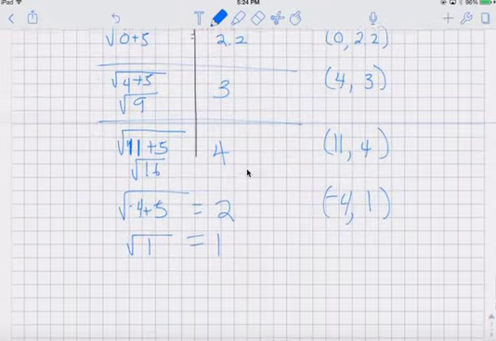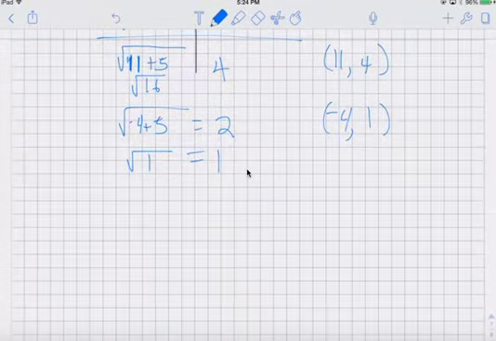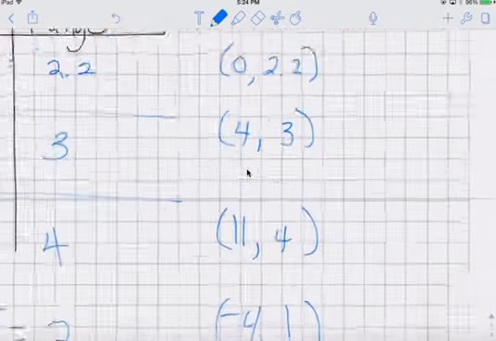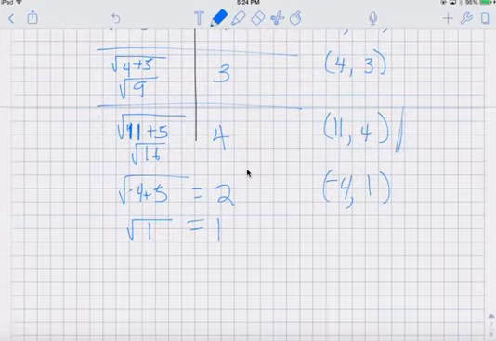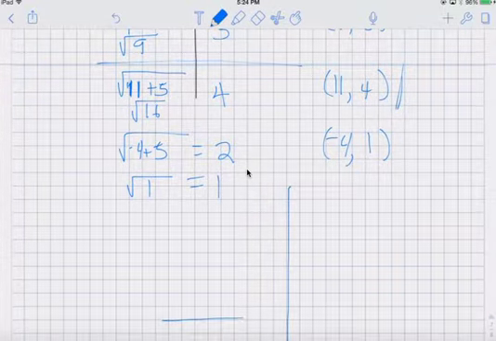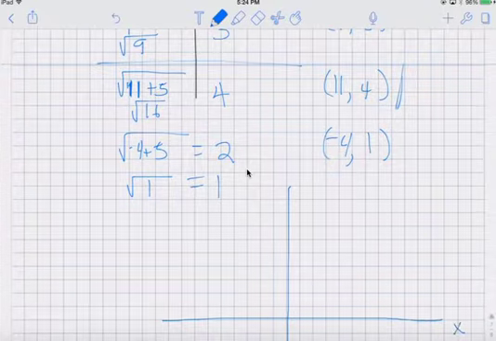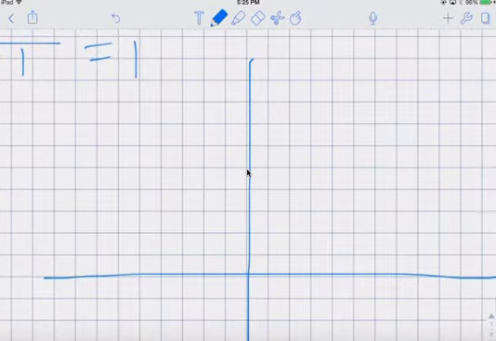So let's graph it. I wrote too big on this one, so I didn't give myself any room on the side. Okay, let's try it though. X, 0, 2.2. Here's 1, 2, 3, 2.2 is about right there.